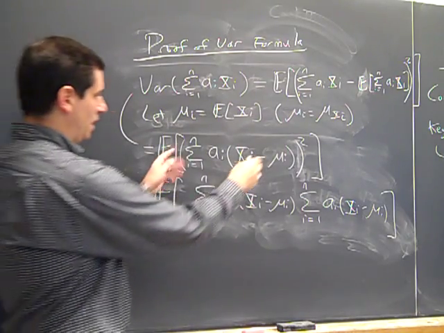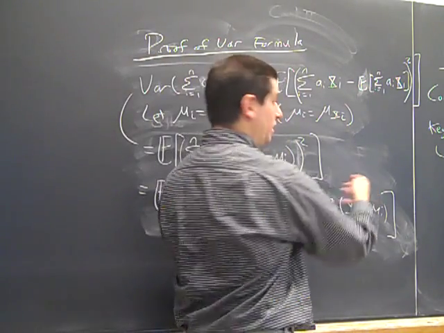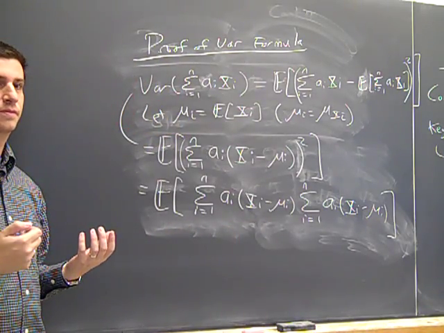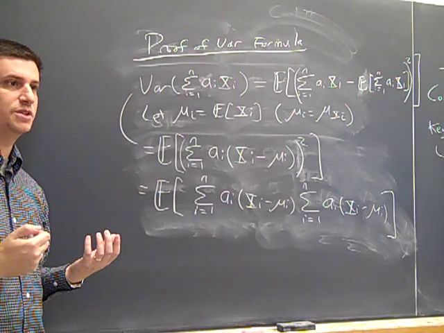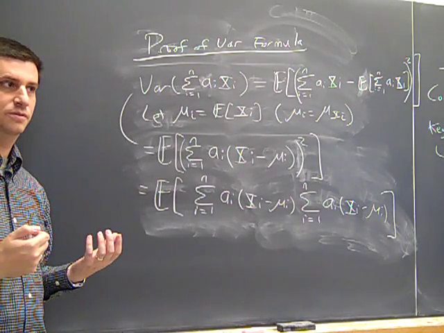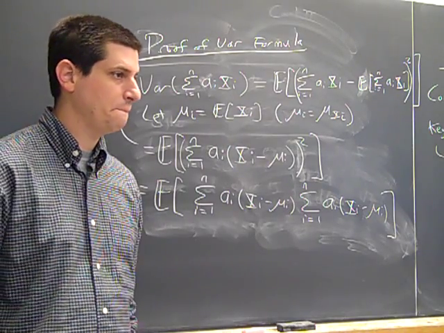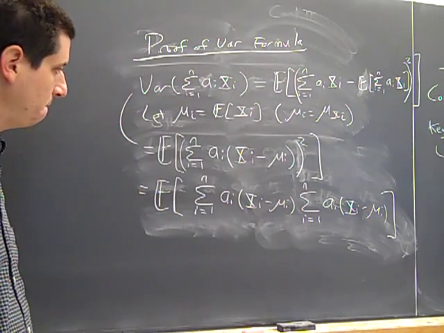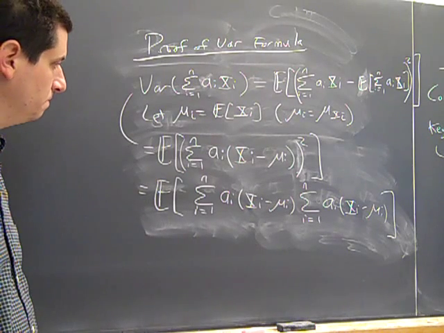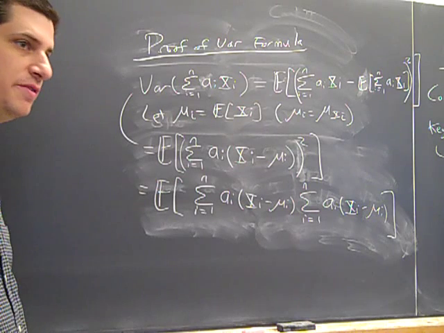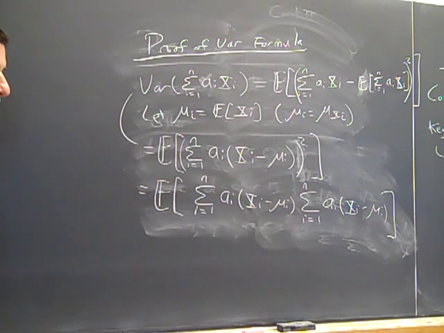No, I'm squaring the whole sum. I have the whole sum, and then I write the whole sum again. I've written the sum twice. I've done something wrong that's very subtle. Yes? Are you supposed to have an ai on both sides? Or maybe everything is right. So is everything right?